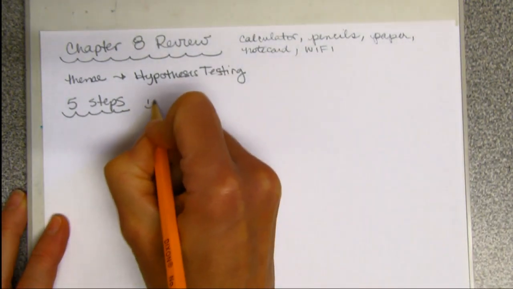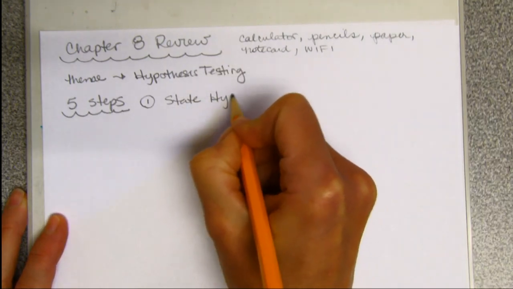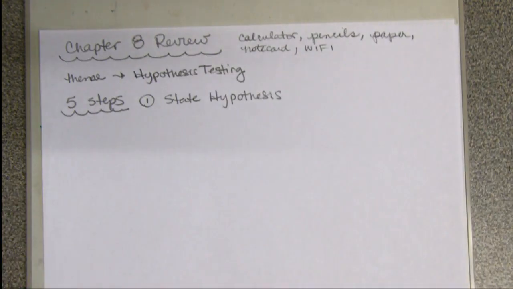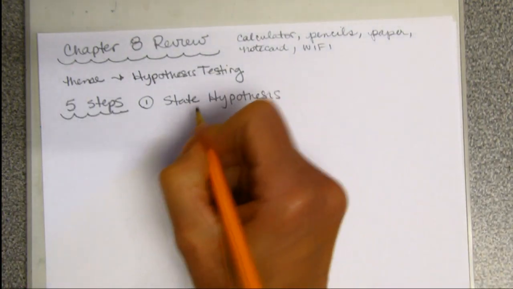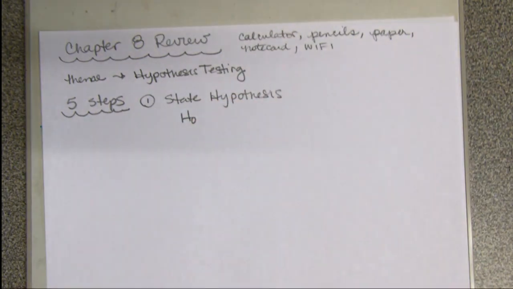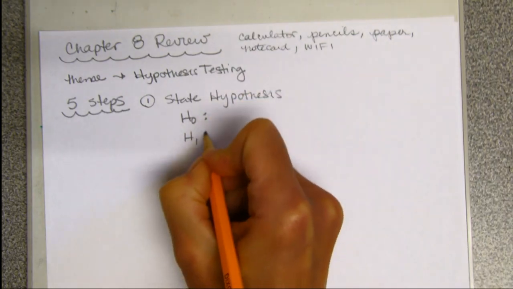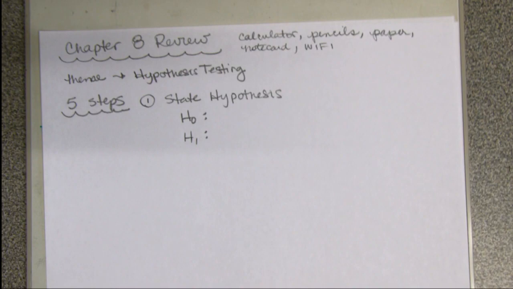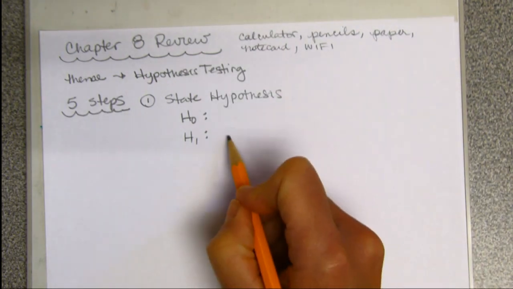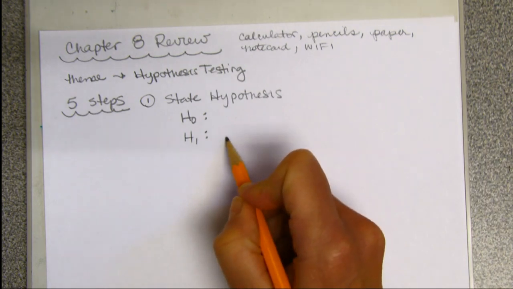Step 1 is state your hypothesis. This will involve identifying your null, and it will involve identifying your alternate. Now here you'll either have mu or p equals a number, and here you will have mu or p is greater than, less than, or not equal to a number.